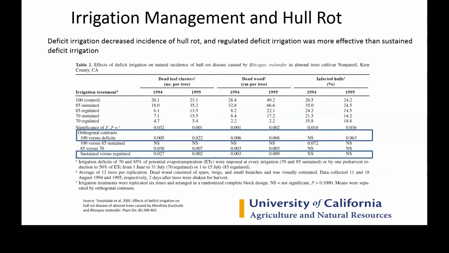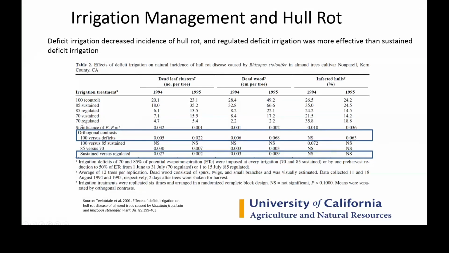However, if you use deficit irrigation, they have shown that it will significantly reduce the incidence of this disease inside the orchard. Here you can take a look at, if you are using 100% of the ET, which they used as a control, they got approximately 20 clusters that showed this disease.